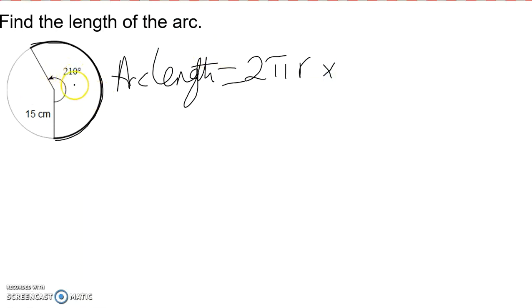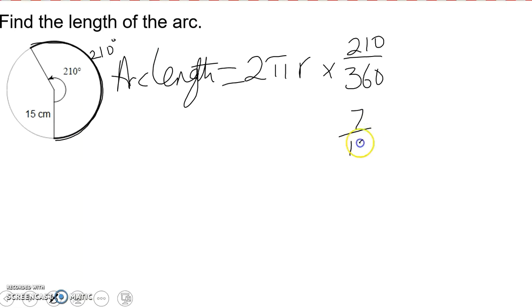If this angle is 210, this arc is also 210, the measure. So we take the part of the arc over the whole circle, which is 360 degrees. That fraction, 210 divided by 360, is 7 over 12. Then we put in the radius, which is 15, times pi.